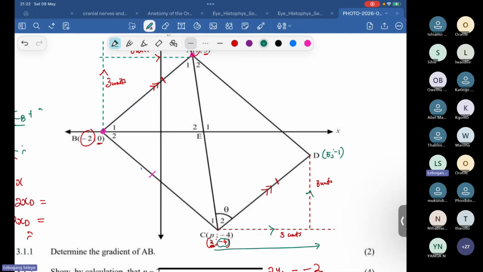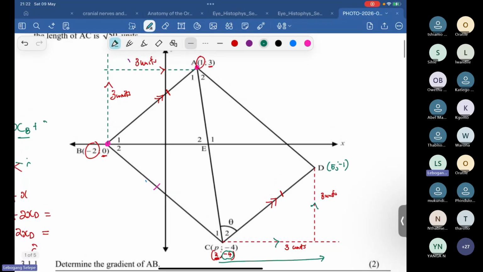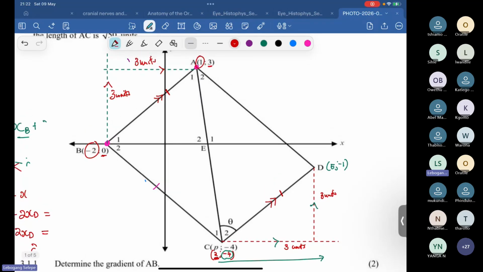There are multiple things that you need to notice or appreciate from the diagram in order to work your way to calculating the size of theta. This again is just a brainstorming moment, to show you how you would work around it.